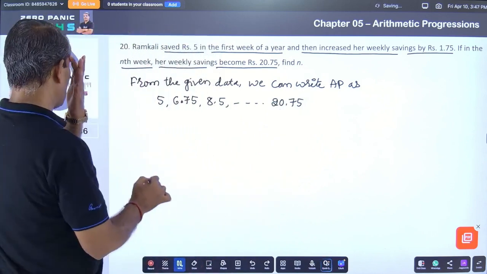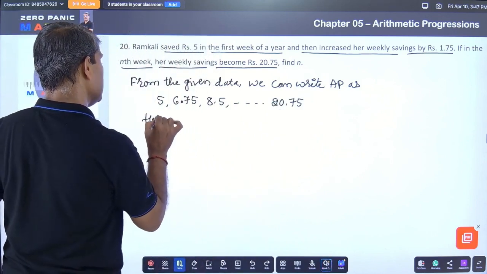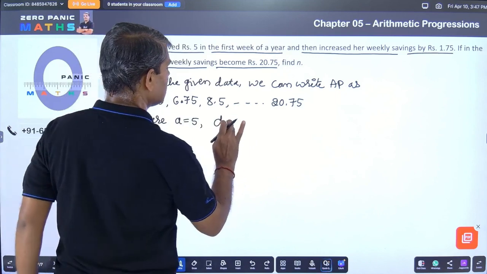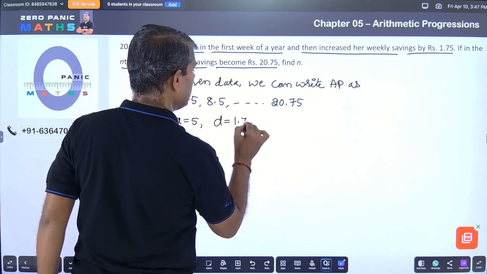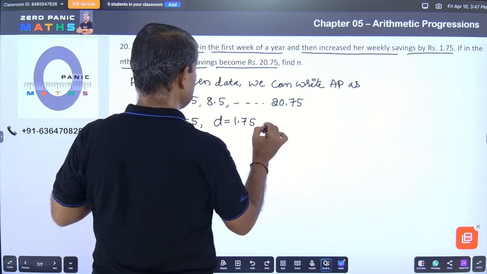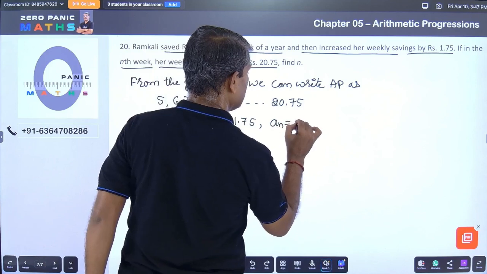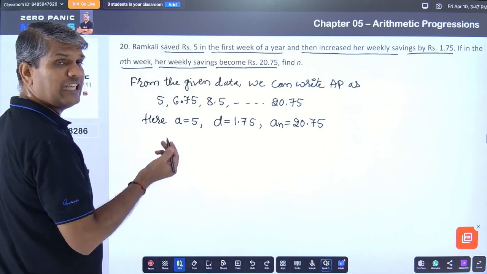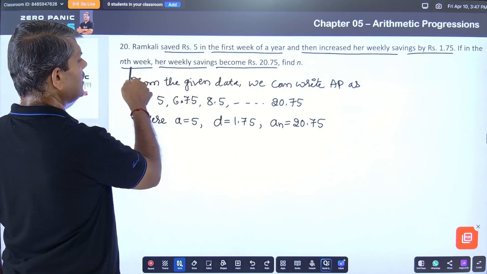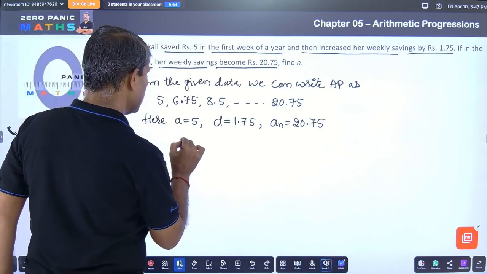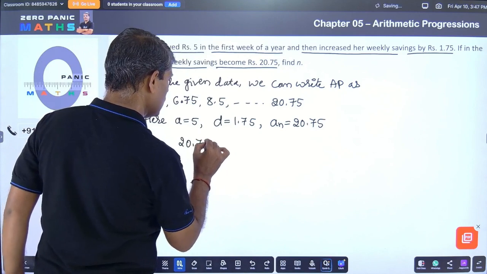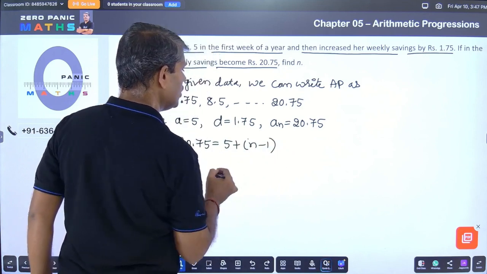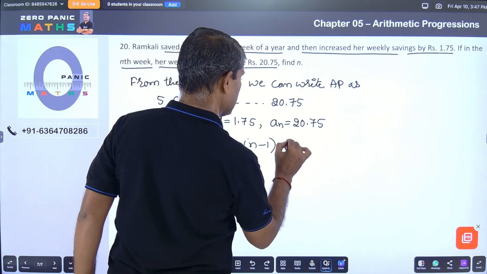Till it is 20.75. So here a is equal to 5, and d is given as increment of 1.75, and a_n is equal to 20.75. We need to find the value of n, that is the nth week. So 20.75 is equal to 5 plus (n minus 1) into 1.75.